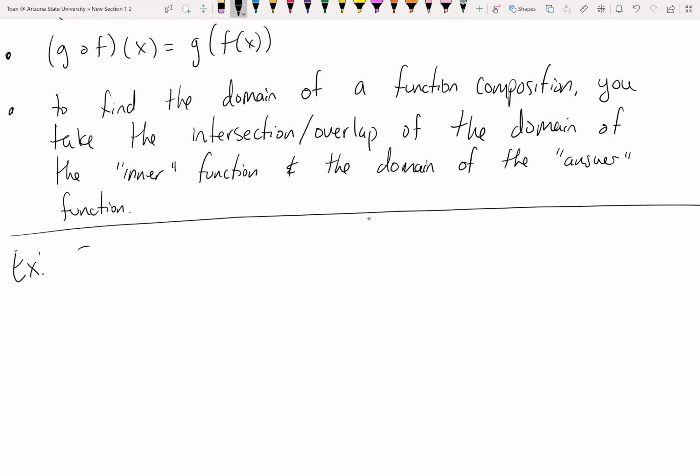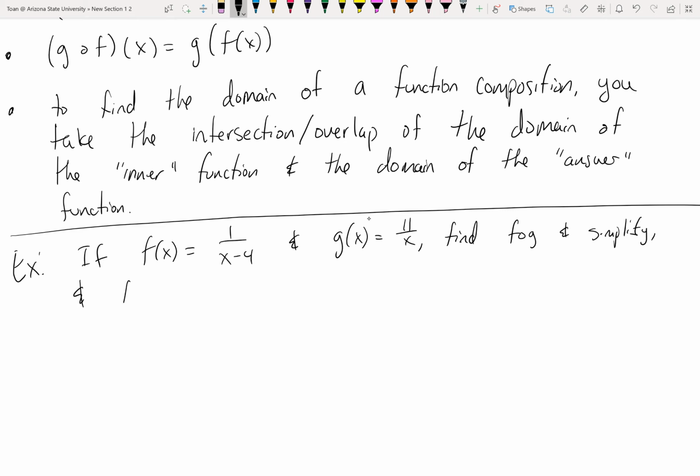Suppose f of x is 1 over x minus 4, and g of x is 11 over x. Find fog and simplify and find its domain.